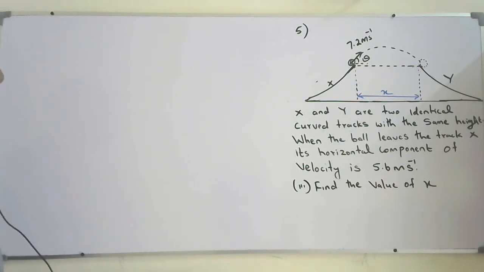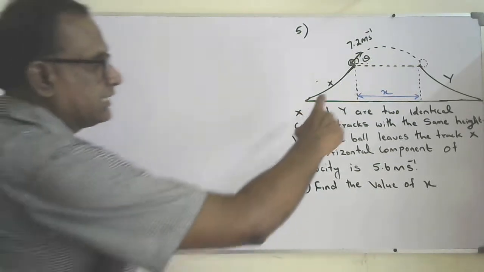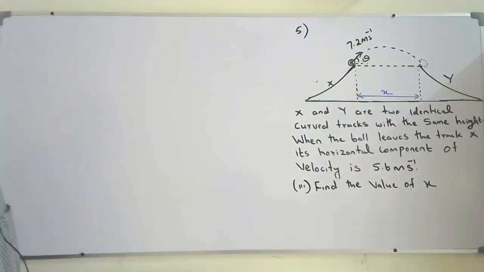Okay, so the third part, they asked to find the value of x, the distance between the two ramps.